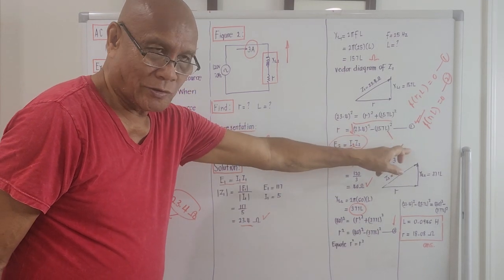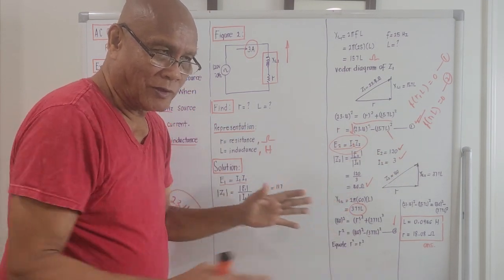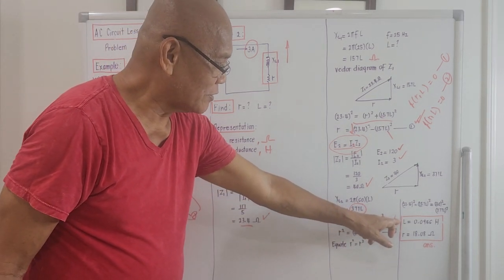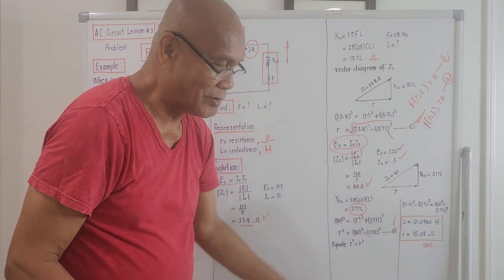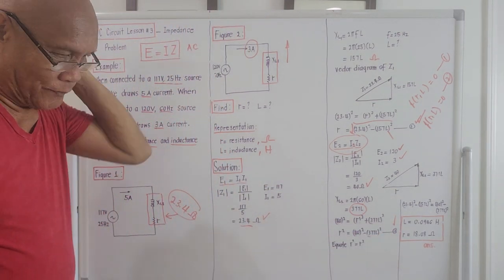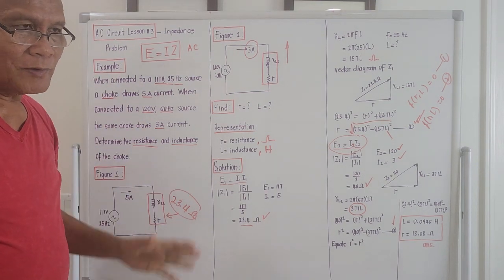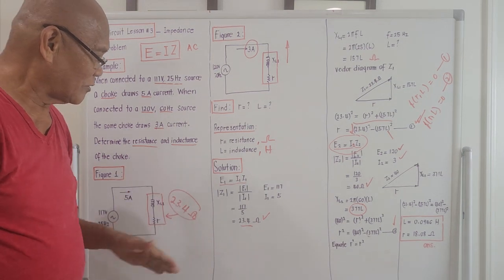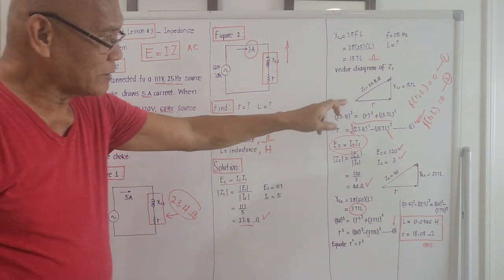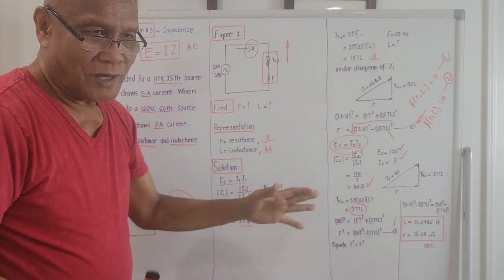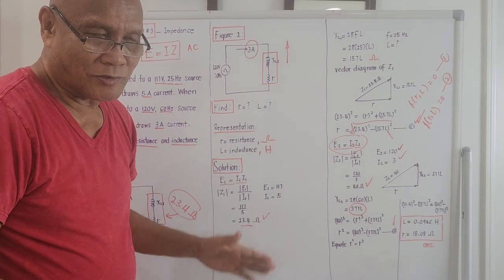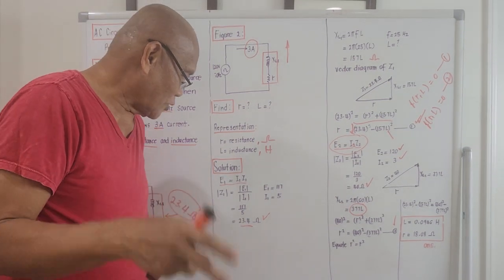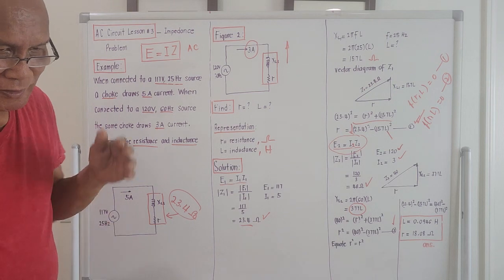They are both linear equations, and solving simultaneously, we could compute the unknowns. So the value of L is 0.0946 henrys, and the value of R is 18.08 ohms. That's it, guys, an example problem involving the concept of impedance. The solution involves a triangle, so it involves our knowledge of trigonometry.